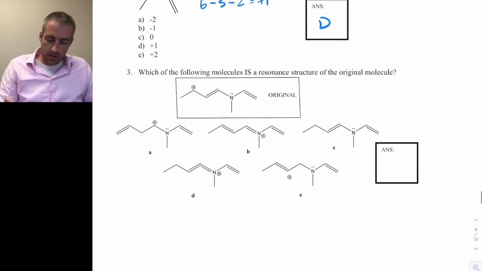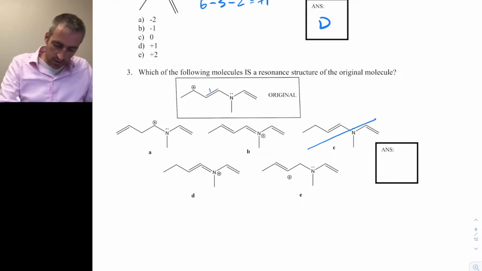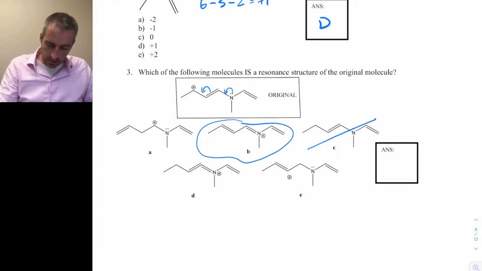Which of the following molecules is a resonance structure of the original? Well, C is not because it has no charge. If you do pop, pop like that, you would get B. Not D. D's no good because there's a hydrogen here that has a pentavalent.